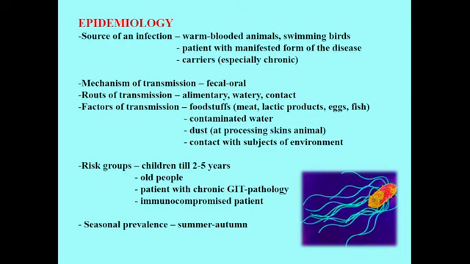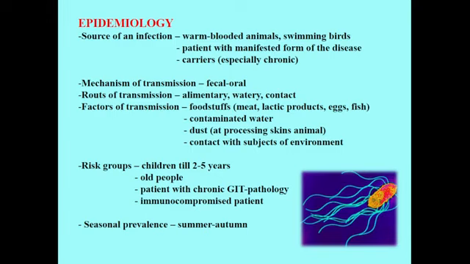Routes of transmission: alimentary, water, contact. Factors of transmission: foodstuffs, meat, lactic products, eggs, fish, contaminated water, dust, egg processing, skin of animals, contact with objects of the environment.